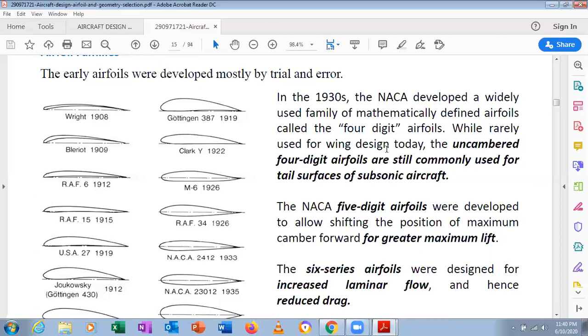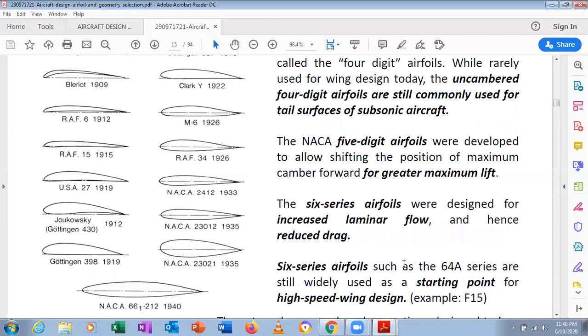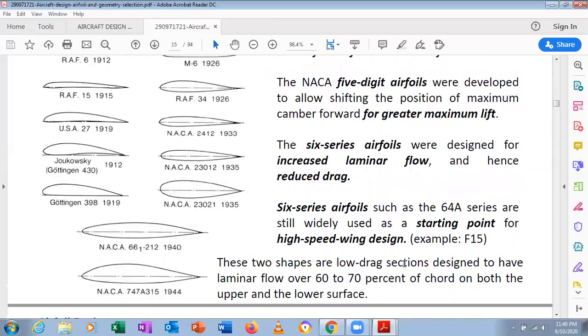While rarely used for wing design today, uncambered 4-digit airfoils are still commonly used for tail surfaces and subsonic aircraft. NACA 5-digit airfoils were developed to allow shifting the position of the maximum camber forward for greater maximum lift. The 6 series airfoils were designed for increased laminar flow and reduced drag.